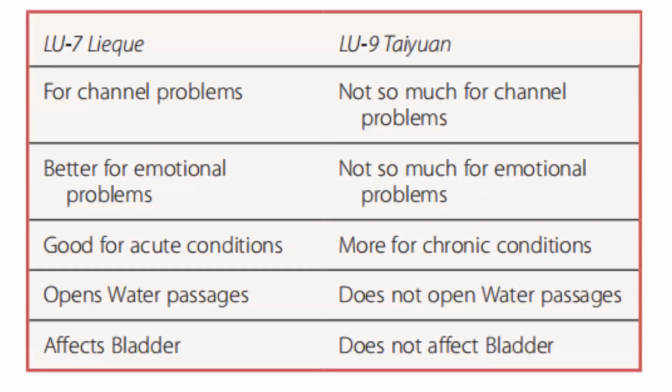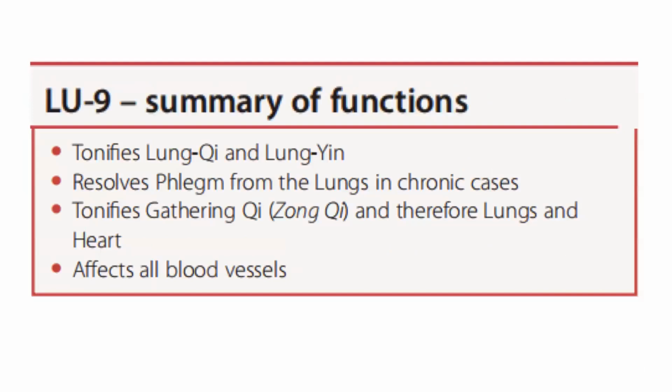Lung 7 is for channel problems, better for emotional problems, good for acute conditions, opens water passages, and affects the bladder. While Lung 9 is not so much for channel problems, not so much for emotional problems. It is more for chronic conditions, does not open water passages, and does not affect the bladder.